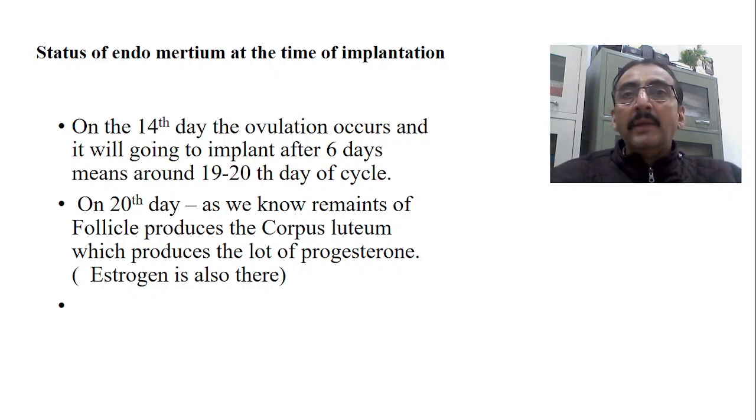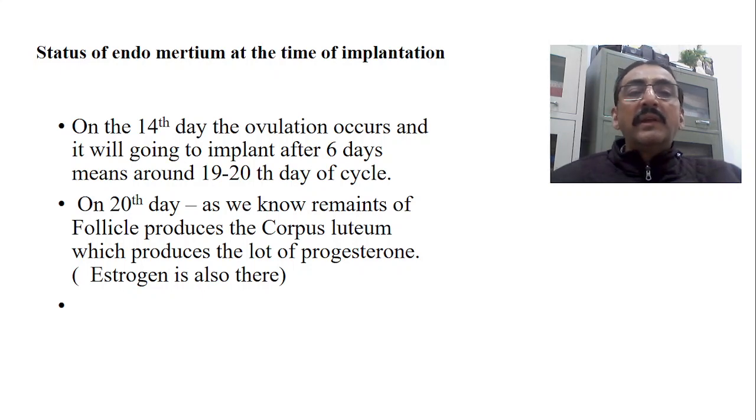The upper compact layer and the middle spongy layer will be there. This change starts as soon as ovulation takes place, in order to receive the fertilized ovum in case it gets fertilized. If it is not fertilized, then this uterine endometrium will be shed in the form of the menstrual flow.